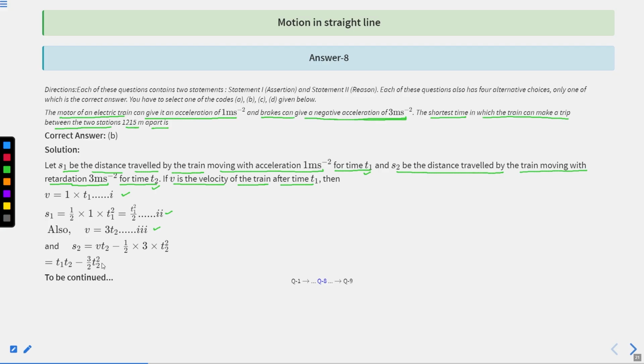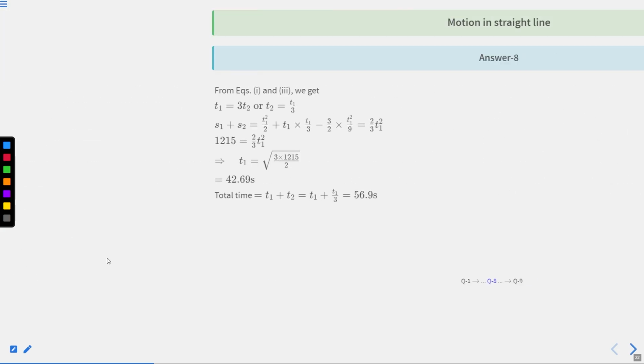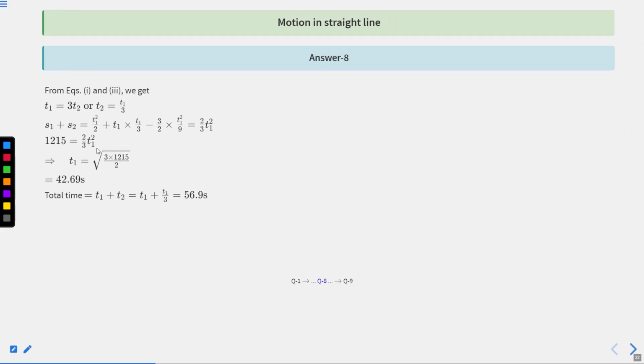After calculating these terms and equating from equations first and third, we get t1 equals 3t2, and t2 equals t1 by 3. S1 plus S2, after adding, becomes 2 by 3 t1 square.